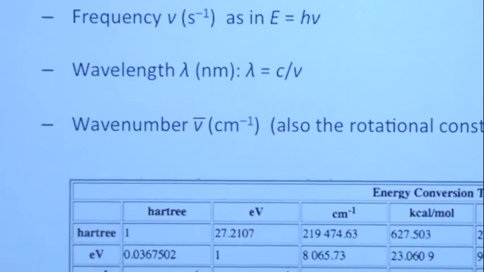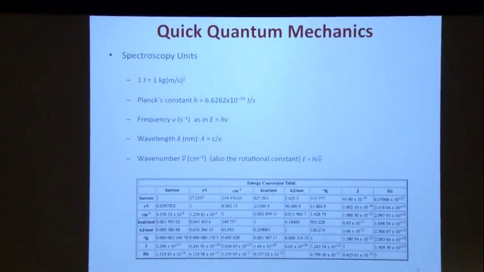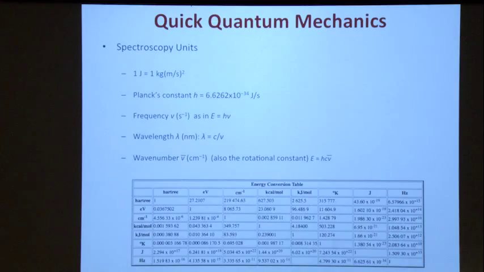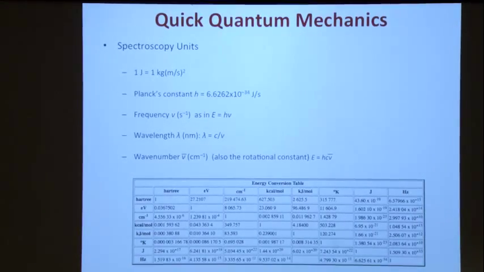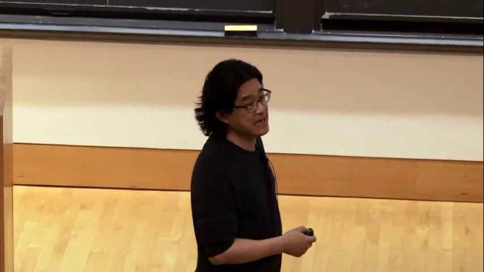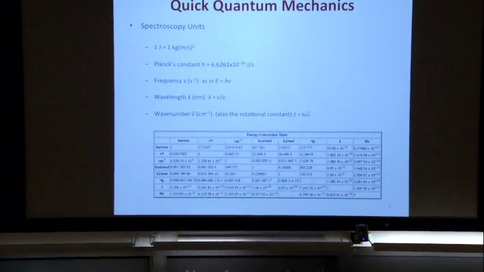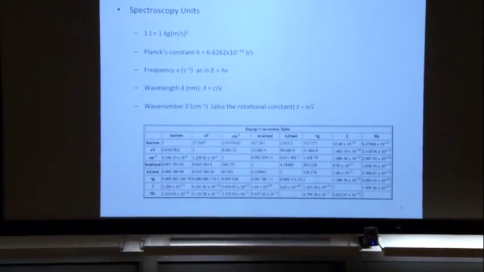Okay. One thing that I wanted to just briefly talk about is that in spectroscopy, you're going to see many energy units. Those of us who have done mechanical engineering, you more or less are familiar with the unit of a joule. In spectroscopy, many things can be used as energy unit. 1 joule at a more fundamental level is 1 kilogram meter squared per second squared.